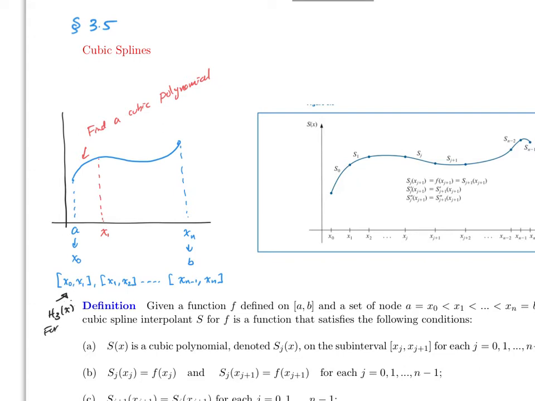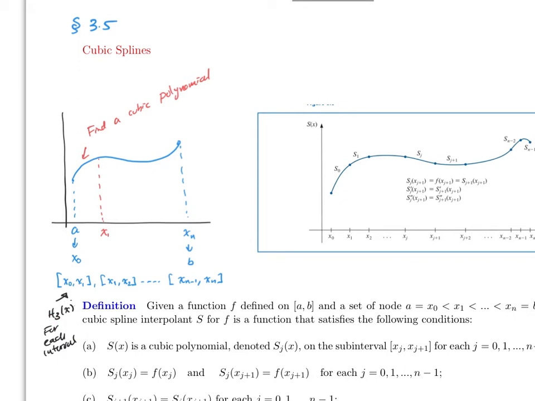So for each interval, it will be easy, except for one thing. The Hermite polynomials require that you know the derivative of the Lagrange polynomials, which you may not know, or most of the time are not available. So therefore this may not be very practical.